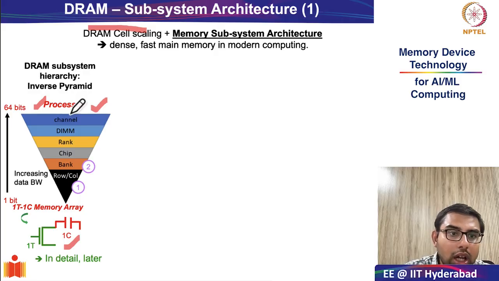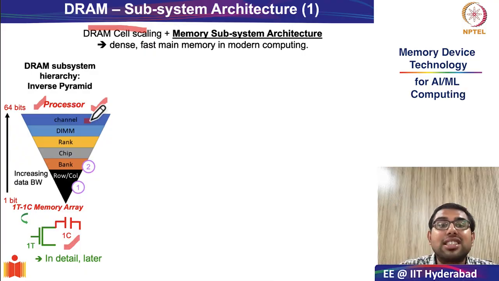And this is facilitated by the concept of channels. Channels are basically the slots that you see on the motherboard of your computer, in which you insert the main memory or the DRAM chips. I will show you that in future slides.